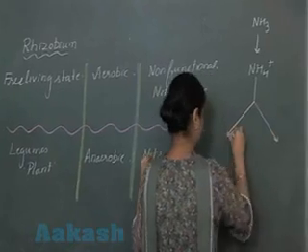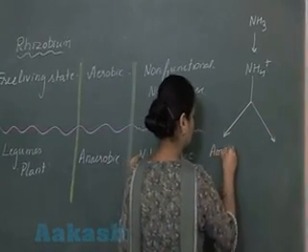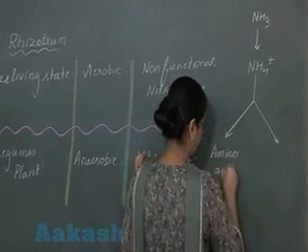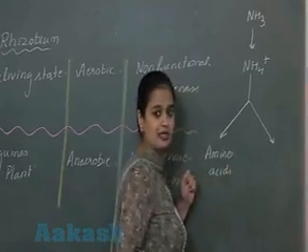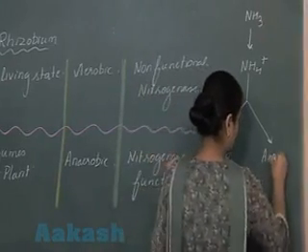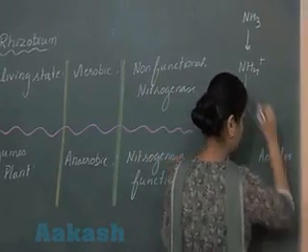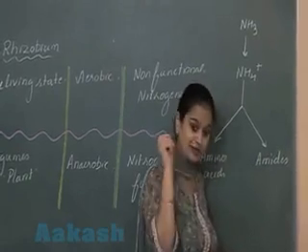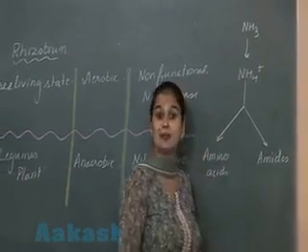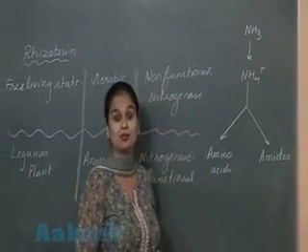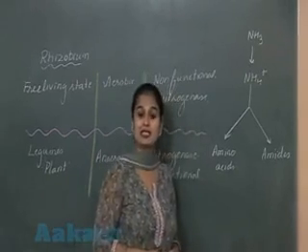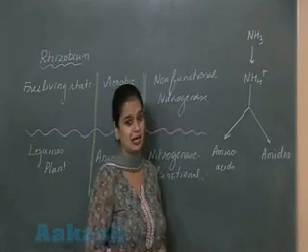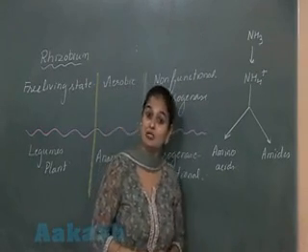One, it is utilized by the plant for the formation of amino acids. And the second one, these ammonium ions are used for the formation of amides. So now let's see how the amino acid and amide formation is performed by the plant cell. Let's see now how the amino acids and amides are formed in the leguminous plants.